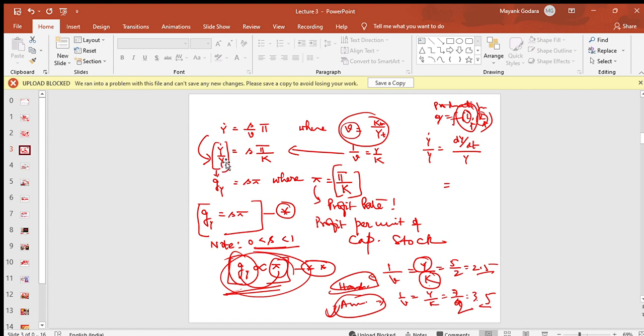So this will be our Y dash upon Y. This is our change in output, so it gives us the growth rate. So we can say that the growth rate is directly proportional to the pi, and we substitute this by small pi, that is the profit rate, profit per unit of capital stock. So you can say that the growth rate is directly proportional to the small pi.